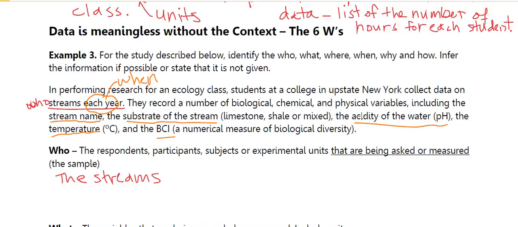So things like the acidity, temperature, and BCI would probably be measured. The stream name and the substrate are information that they could collect. Observation, maybe, the substrate. So we're going to say something like direct observation and measurement.